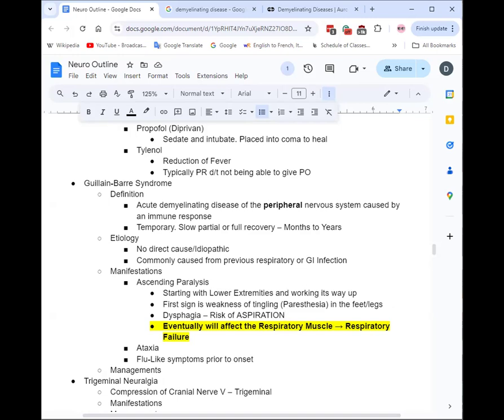So what would be something that might indicate early respiratory impairment?